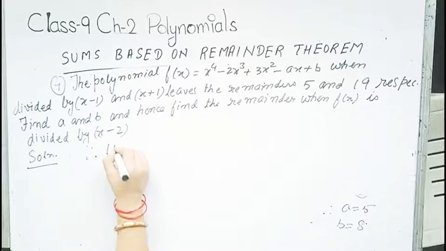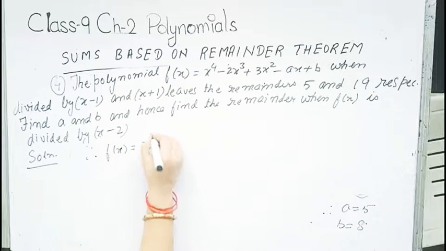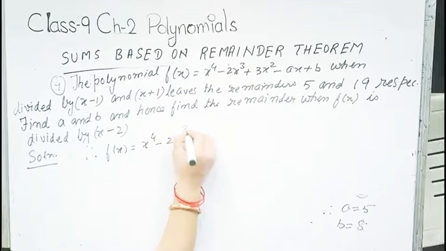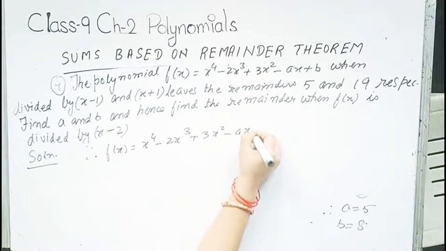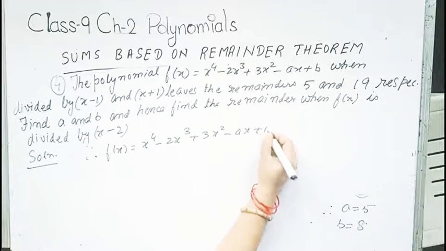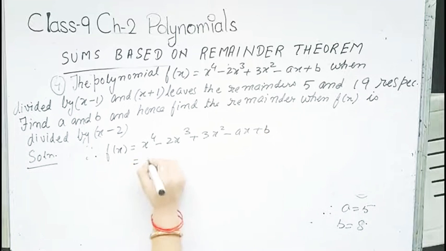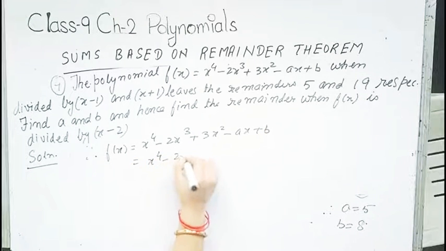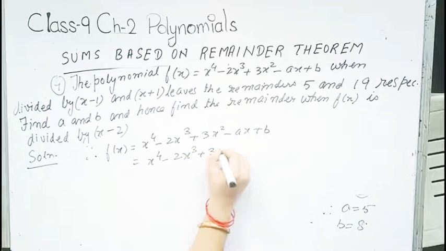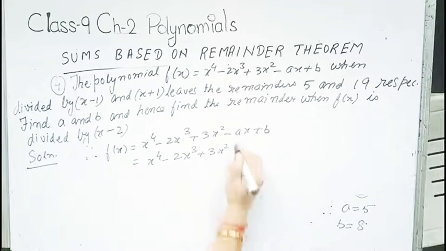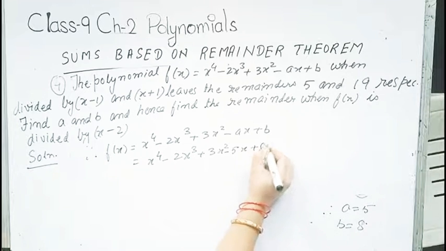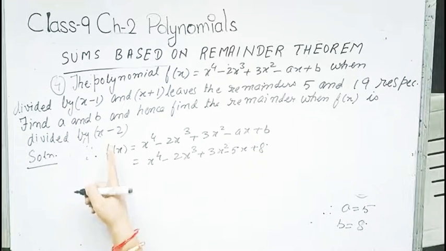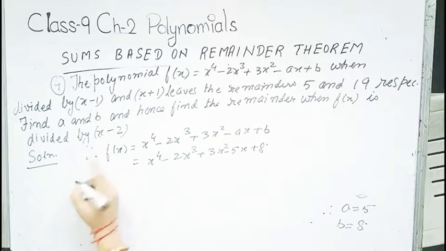Therefore, f(x) equals x to the power 4 minus 2x cube plus 3x square minus ax plus b, which equals x to the power 4 minus 2x cube plus 3x square. The value of a is 5, so minus 5x, and the value of b is 8, plus 8. Now this when divided by x minus 2, the remainder is f(2).